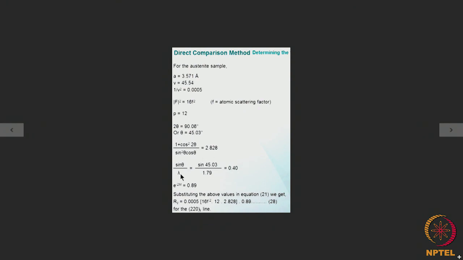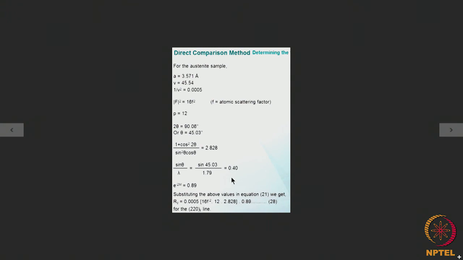Sine theta by lambda for that particular line is equal to 0.40. Corresponding to that, we can find out the temperature factor, which is 0.89. So if we substitute the above values in equation 21, we find R gamma is equal to 0.0005 into 16 f square into 12 into 2.828 into 0.89. So this is true for the 220 gamma line.